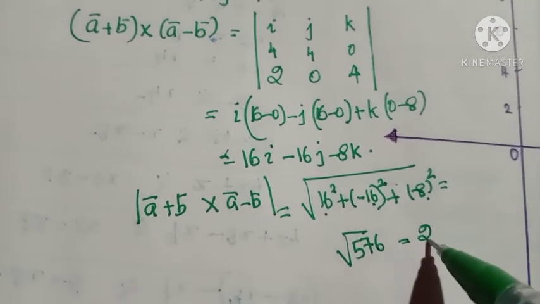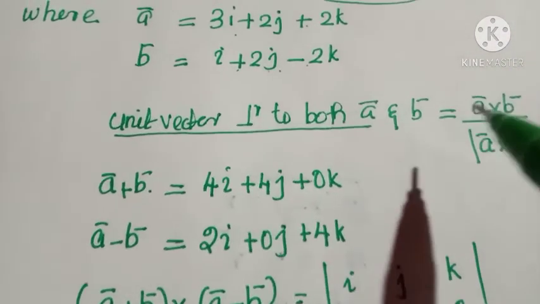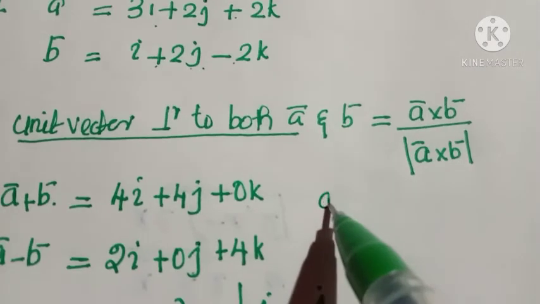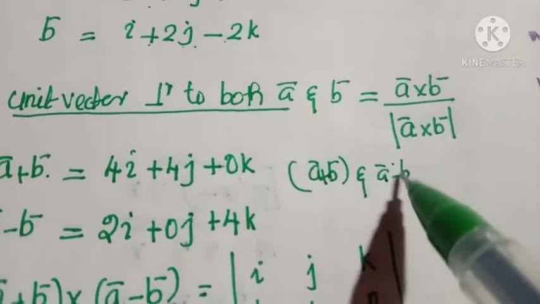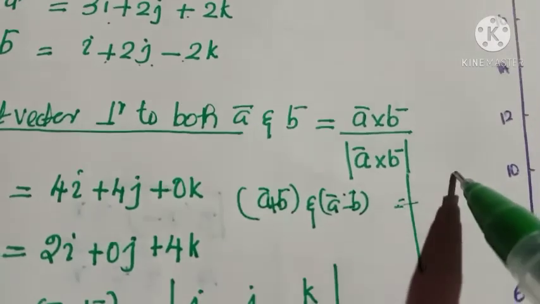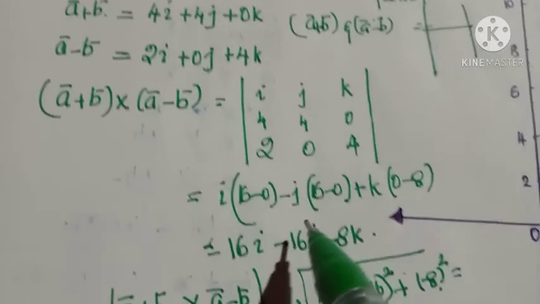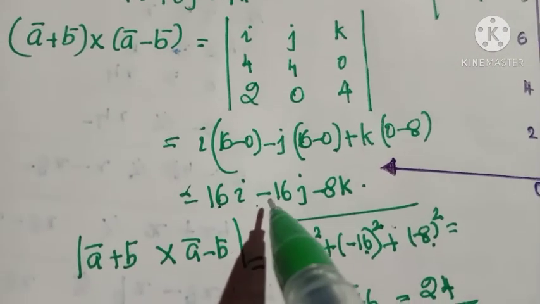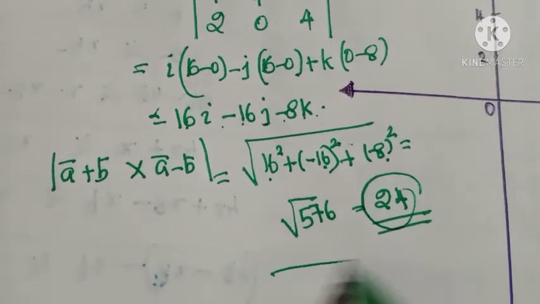Root of 576 is 24. So the unit vector perpendicular to A plus B and A minus B is cross product of the vector divided by magnitude. What is cross product? 16i minus 16j minus 8k divided by 24.